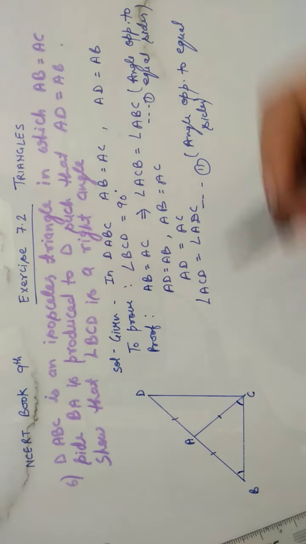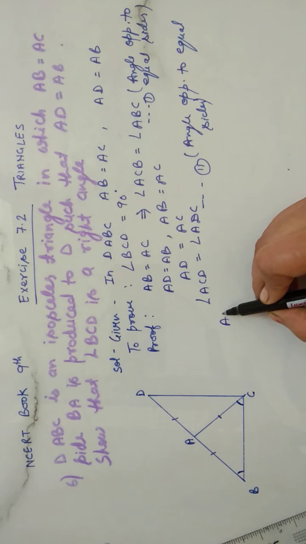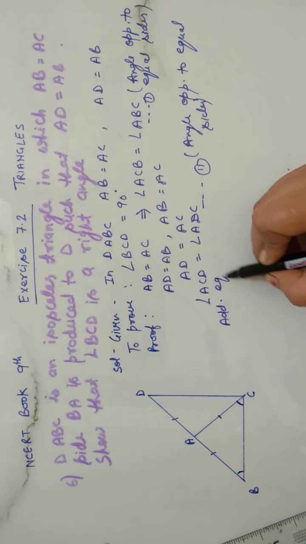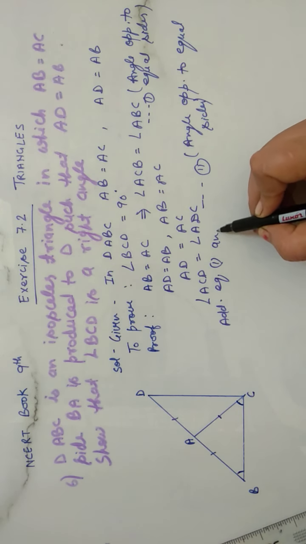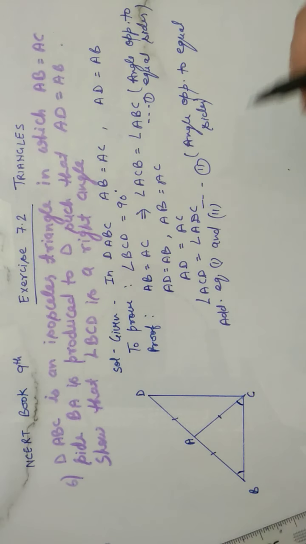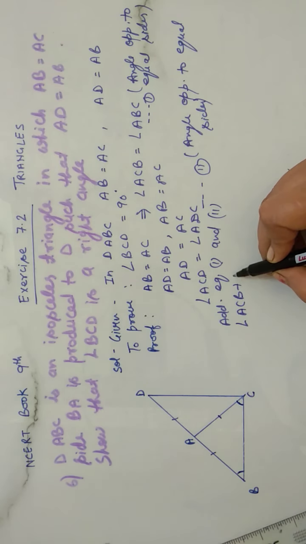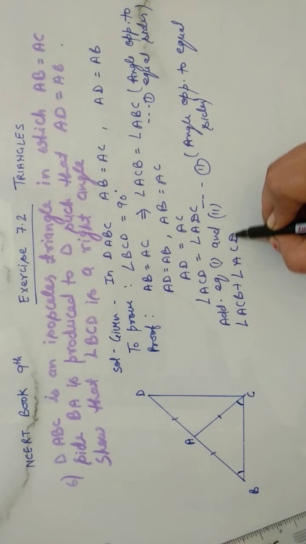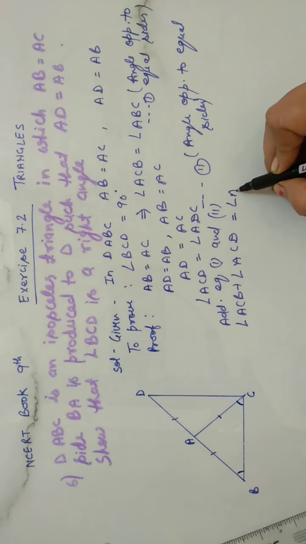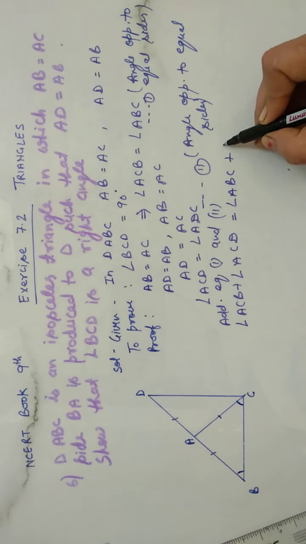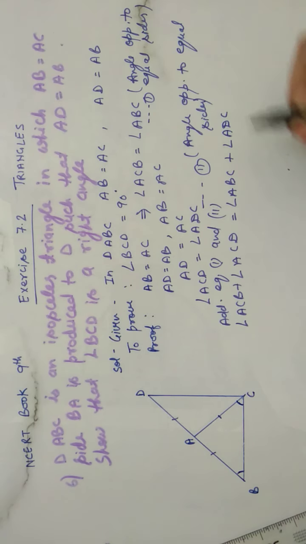Now see what we will do. We will add equation 1 and 2. On adding these equations, we get angle ACB plus angle ACD is equal to angle ABC plus angle ADC.